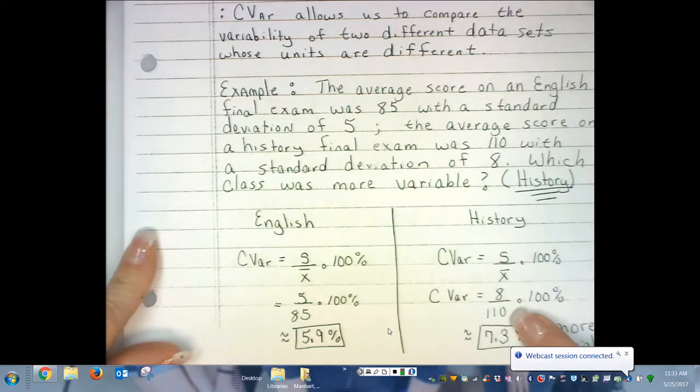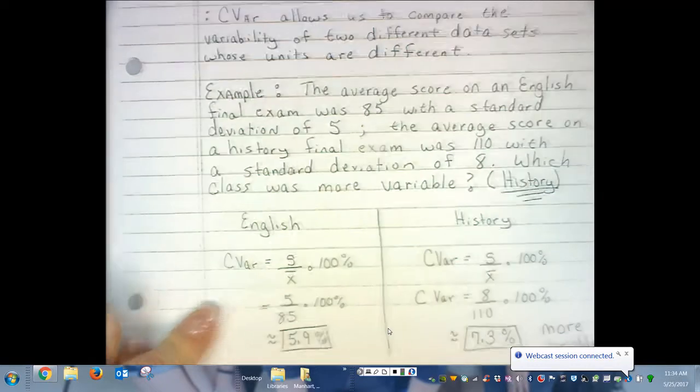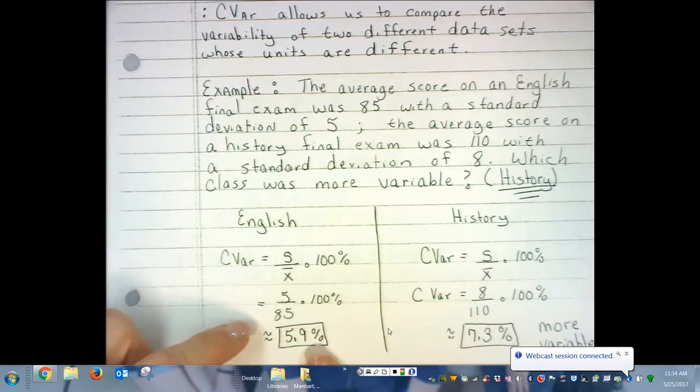So 8 divided by 110 changed to a percentage is 7.3. Since history has the larger coefficient of variation, the history scores on their final exam are more variable than the scores in the English class on their particular final exam.